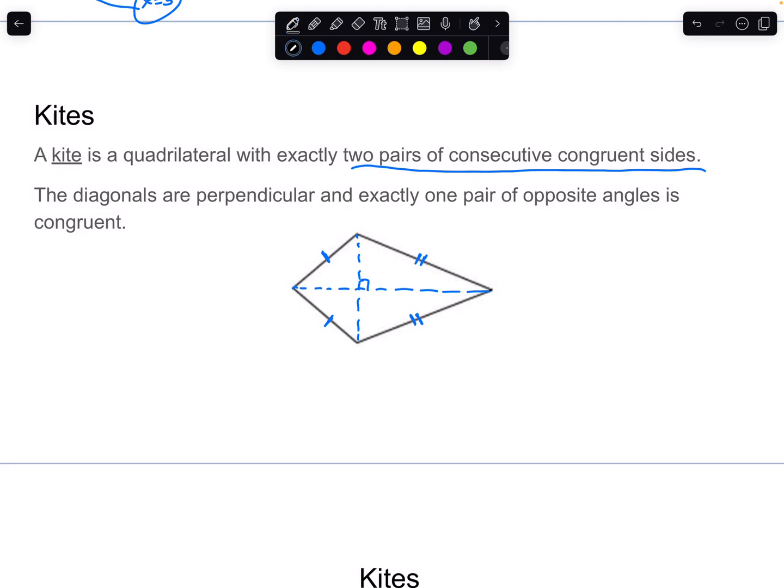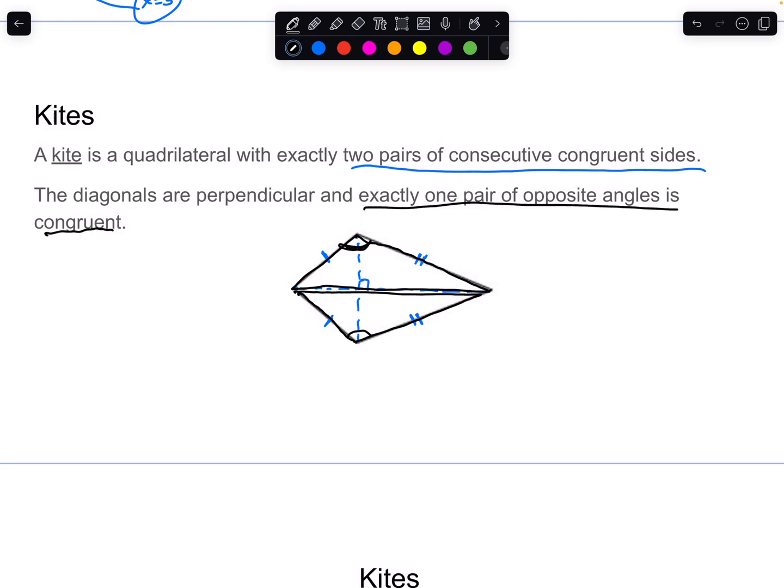Now, you can sort of imagine there being a triangle on the top that is going to be flipped or reflected to match the triangle in the bottom. So, since we're really dealing with two triangles here that are just a reflection of each other, you can see how this angle will match this angle. So there's exactly one pair of opposite angles that are congruent.